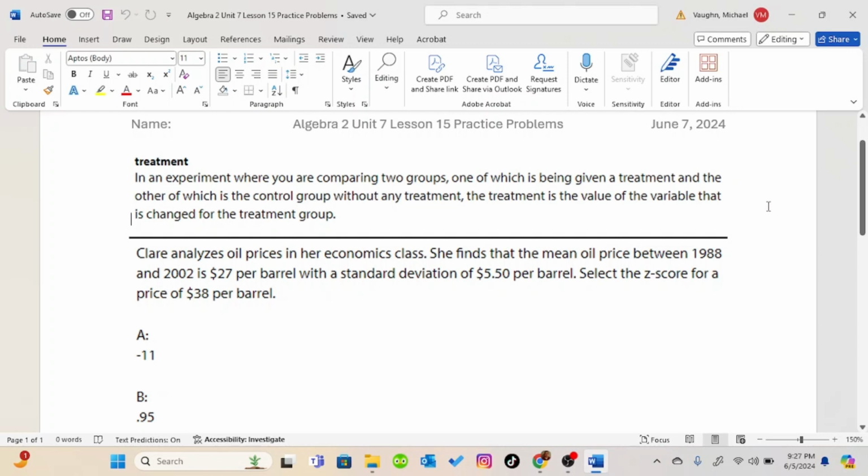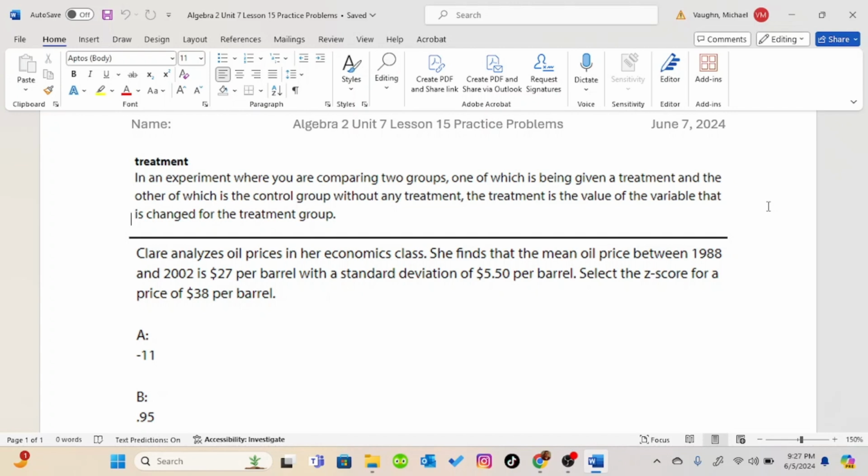Welcome to Algebra 2, Unit 7, Lesson 15, Practice Problems. This lesson has one vocabulary term, and that is treatment.